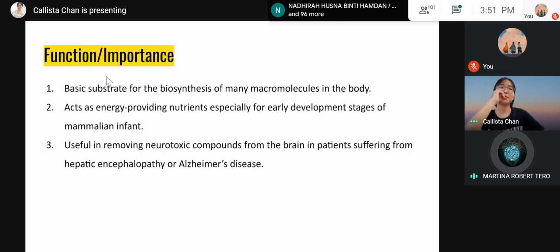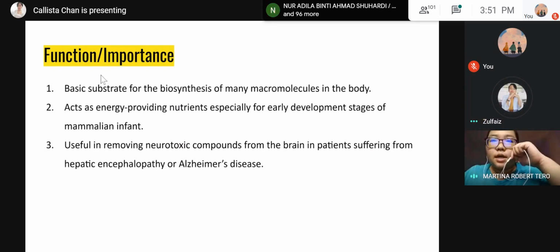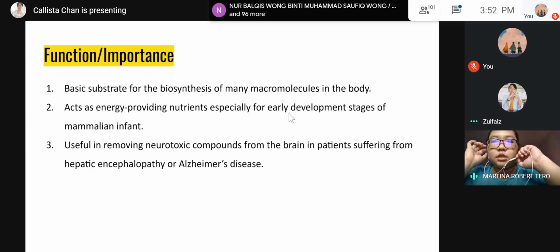Okay, the next one is the function of galactose. So I chose 3. The first one, galactose is the basic substrate for the biosynthesis of many macromolecules in the body. The second one is that it acts as an energy-providing nutrient, especially for the early development stage of mammalian infants. This means they feed on the milk, and then they will get the energy-providing nutrients.